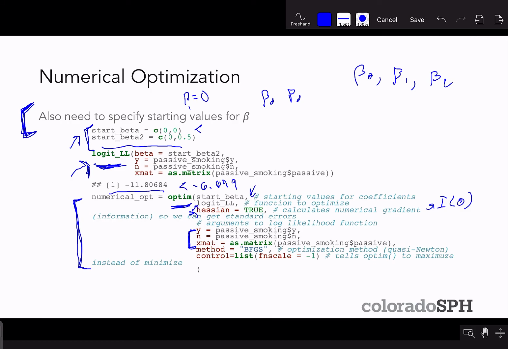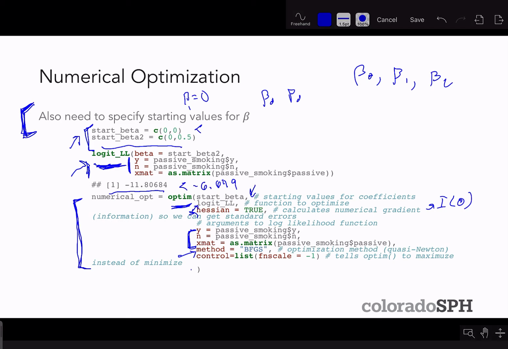So these are plugging into the log likelihood that we defined earlier. Y, N, and X mat are all arguments for that. Method equals BFGS is just the optimization method that I'm using in this case, which I'm not going to talk about, but there are a ton of different methods out there that do numerical optimization.